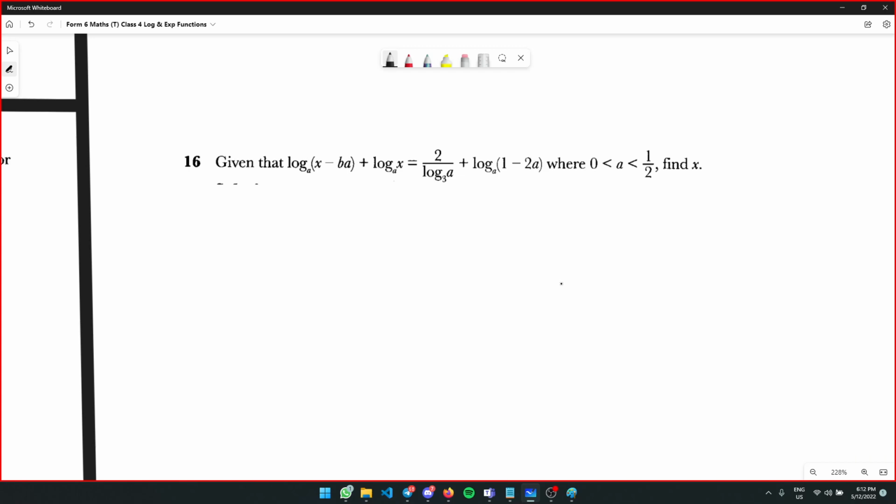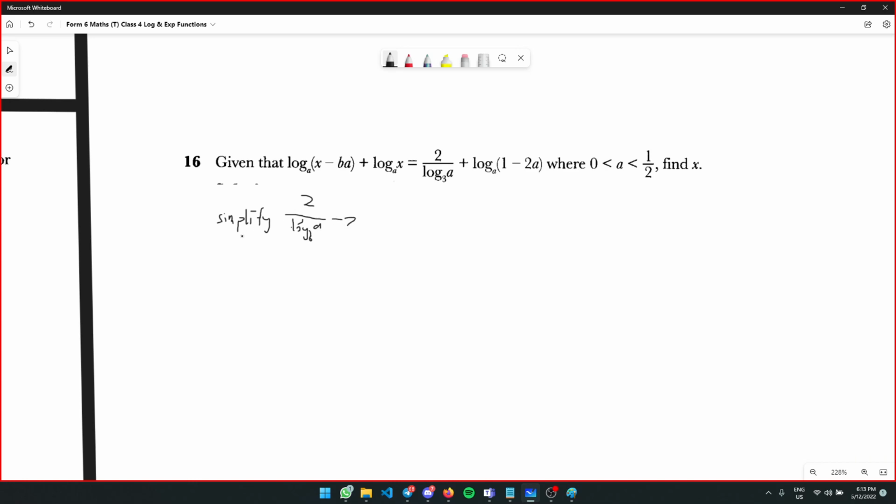Maybe we can try simplifying the 2 over log 3 a. Okay, we just write it like this.